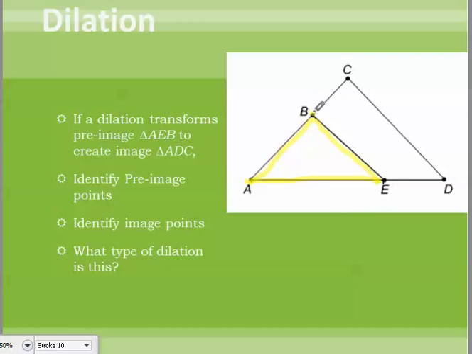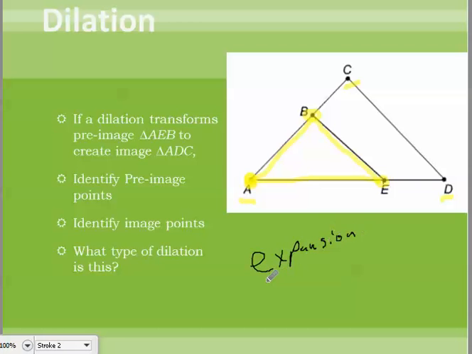Well, B is on the pre-image, E is on the pre-image, A is on the pre-image. A is on the image, D is on the image, and so is C. The image points would be D and C and A. Okay? And what kind of a dilation is this? Well, if it gets bigger like that, then it is an expansion.